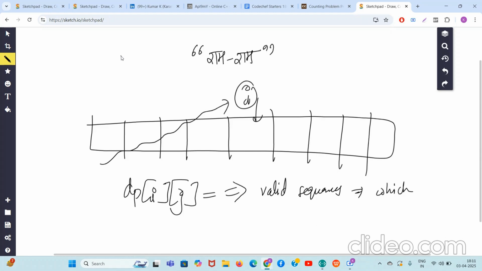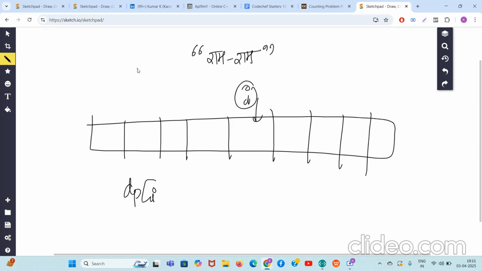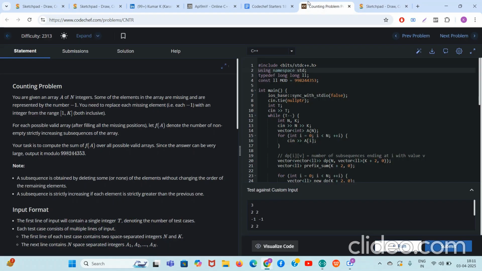So dp[i][j], the basic prerequisite. Okay, dp[i][j] is nothing but what? Think over this problem.